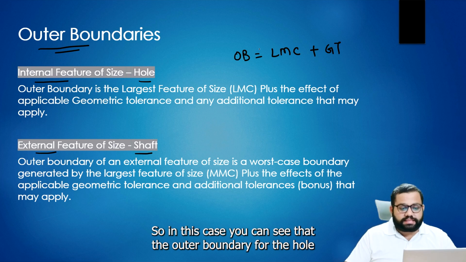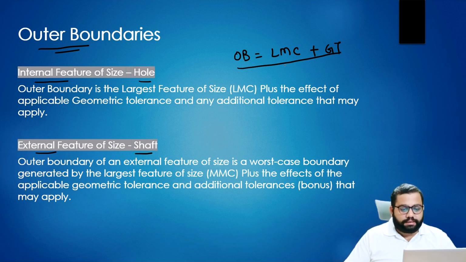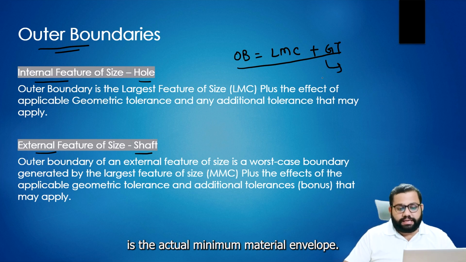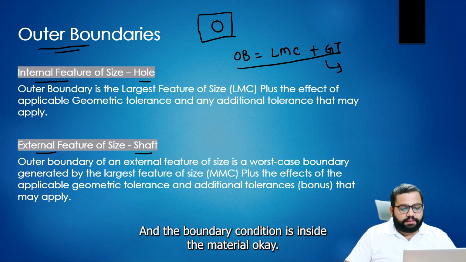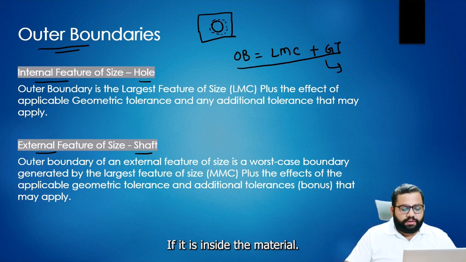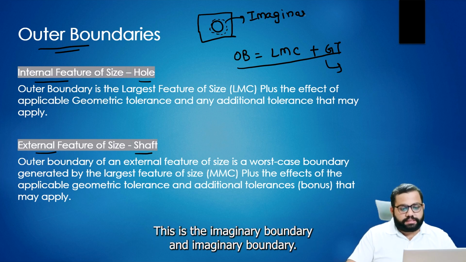In this case, you can see that the outer boundary for the hole is the actual minimum material envelope. If this is a part, and the boundary condition is inside the material, then this is an imaginary boundary.